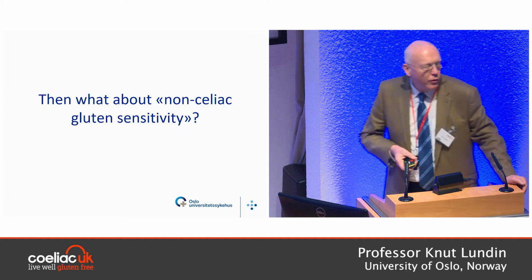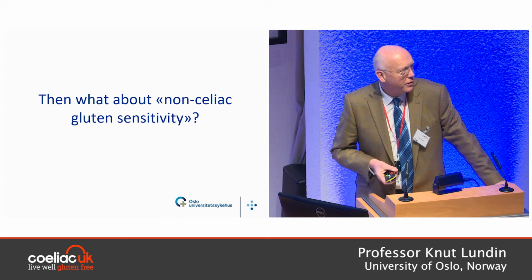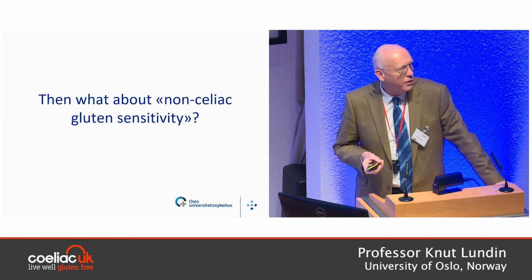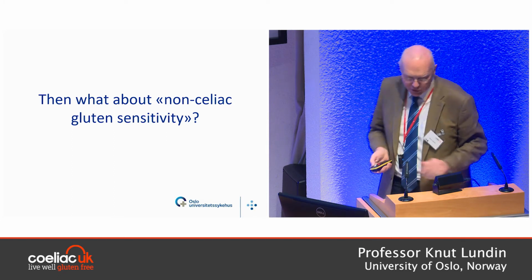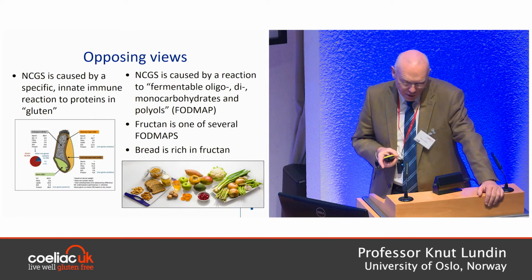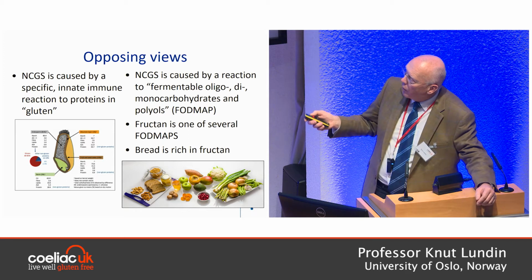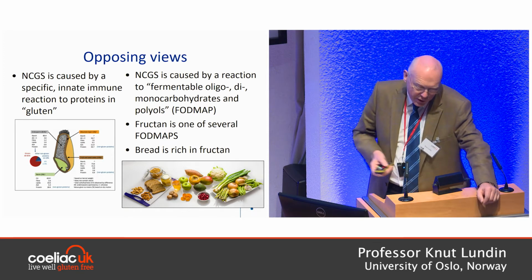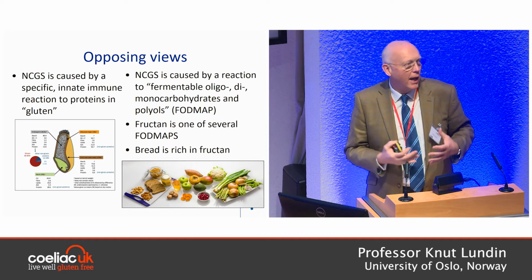Then what about the other aspect of gluten-related conditions, the non-celiac gluten sensitivity, which you see in all newspapers, all the celebrities, etc. There are two major hypotheses around. One is that non-celiac gluten sensitivity is caused by a more or less specific but innate immune response.